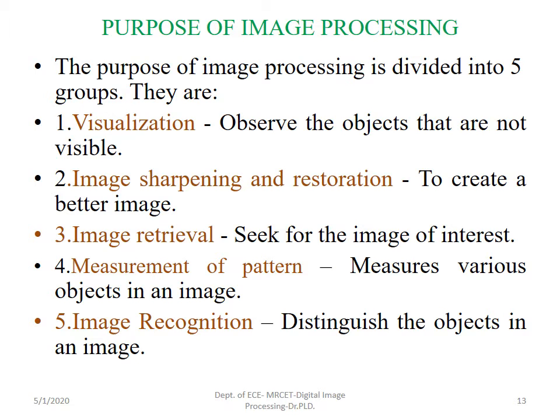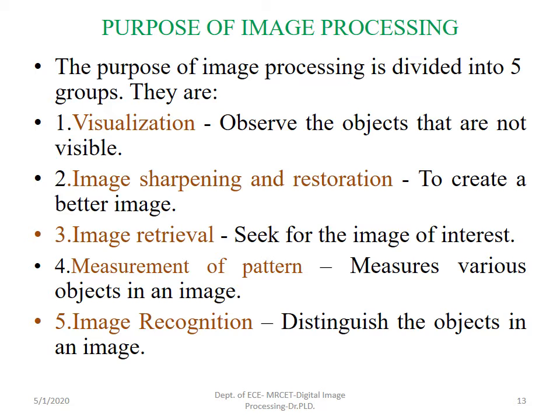Then measurement of pattern measures various objects in an image with the different technologies that appear in the total image processing. Image recognition is one of the important techniques in image processing. Distinguishing the objects in an image is actually called image recognition.